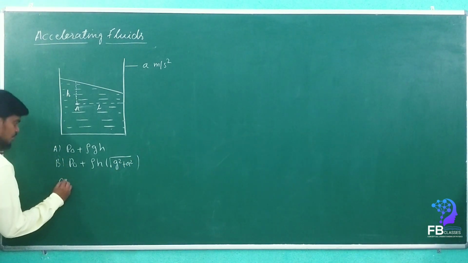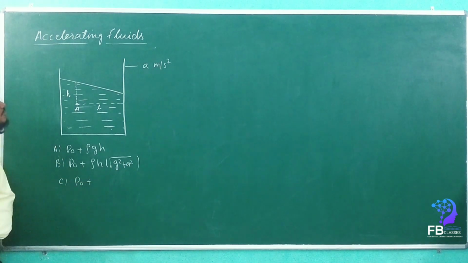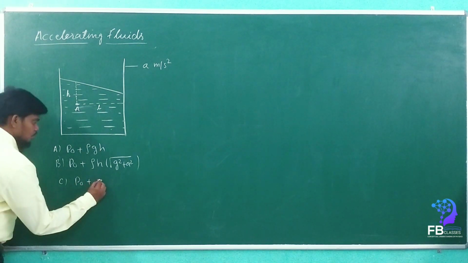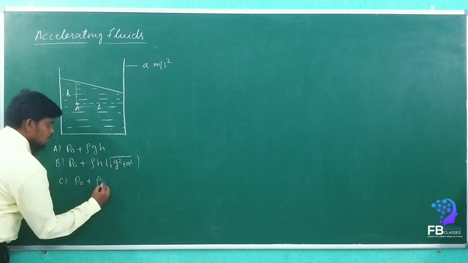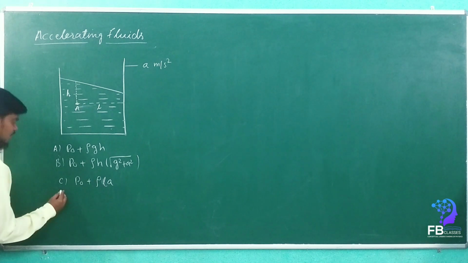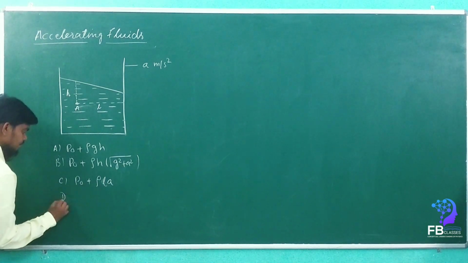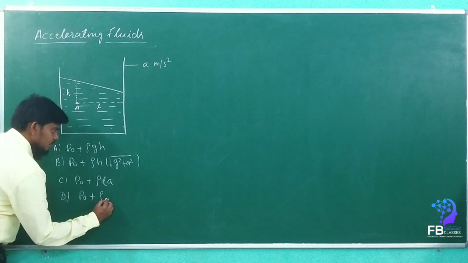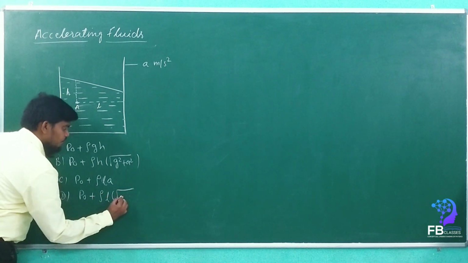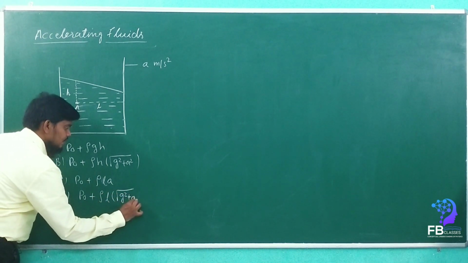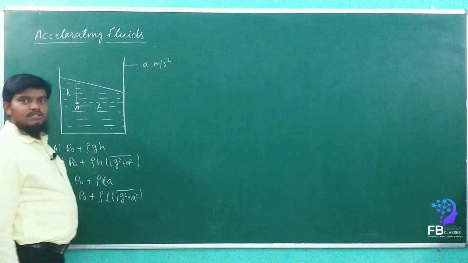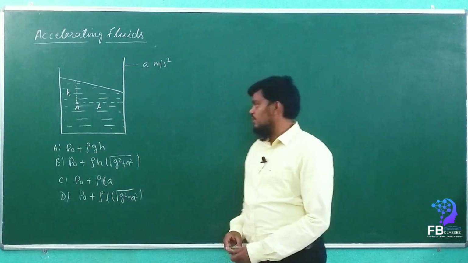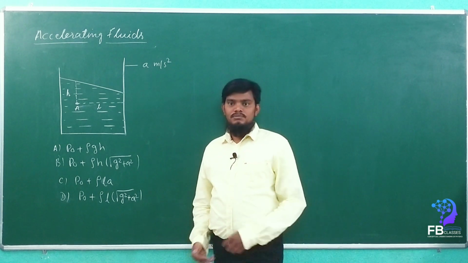C, P naught plus rho L a. Then option D, P naught plus rho L into root of g square plus a square. Can you please solve the problem and tell me the answer? Which is the correct option? Make it fast.